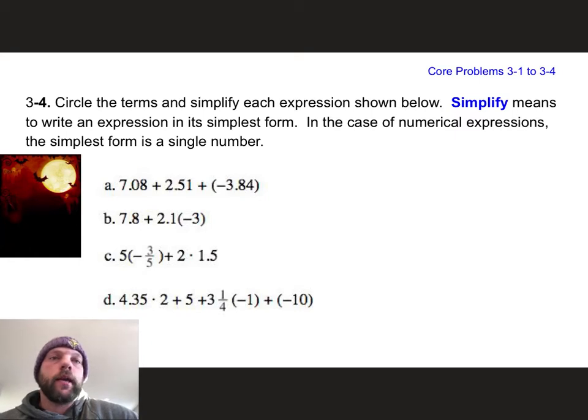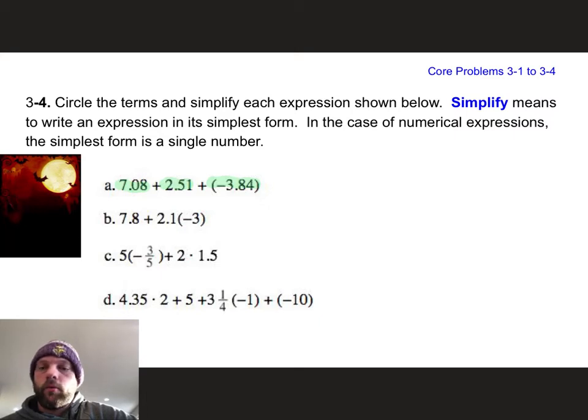All right, let's take a look at some examples here. If you take a look at our first one, again, our addition sign is going to be our stop sign. We have 3 terms there. So I'm going to add those up and do that in order, from left to right.